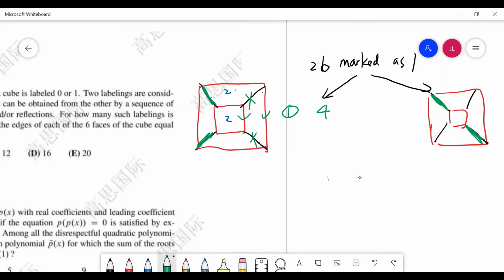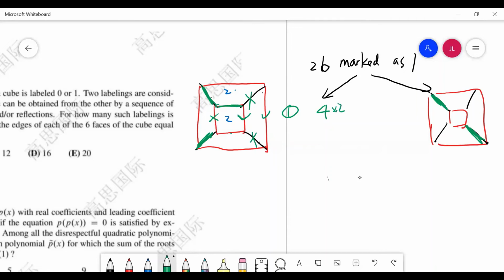Remember, of these 4 sides, we can only label 2. Then we're going to look at the top, the front. So we cannot label here. We already label here. We can either put here or here. So these give us 2 options.